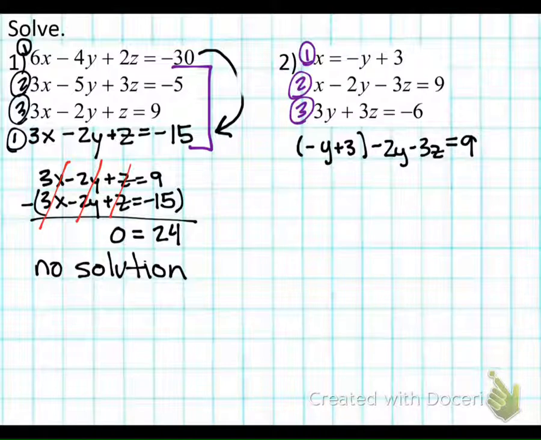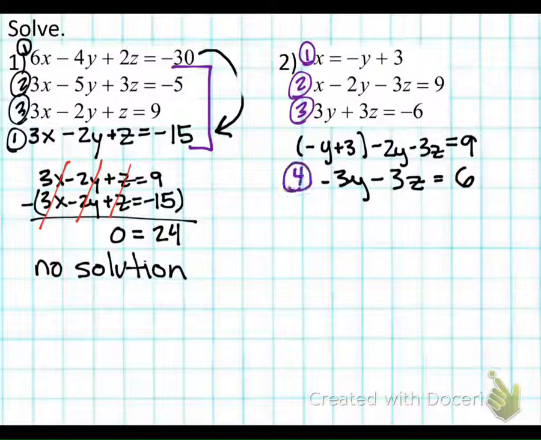Now I'm going to simplify that, combining like terms. I get negative 3y minus 3z, and then I subtract this positive 3 so that I have 6 on the other side. So this equals 6. I have another equation that's just y and z.